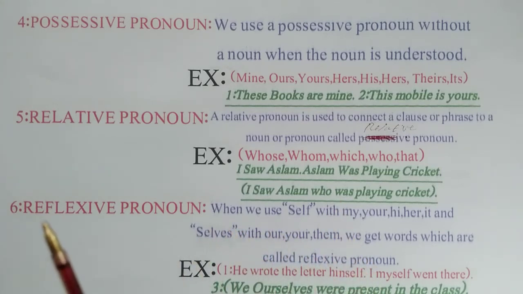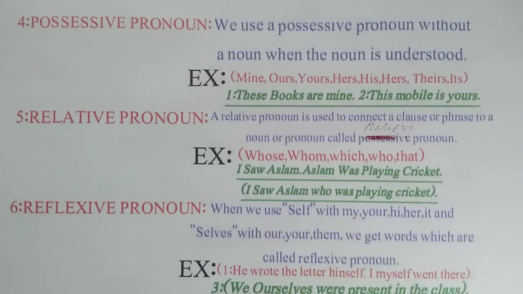On sixth number, we have reflexive pronoun. When we use self with my, your, our, it, and when we use selves with our, your, them, we get words which are called reflexive pronoun.